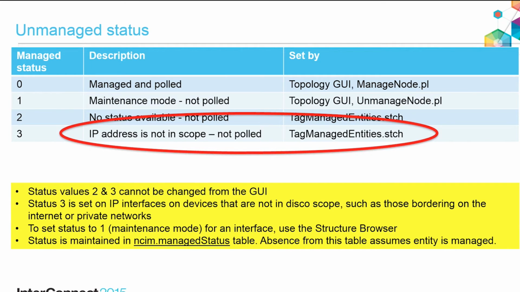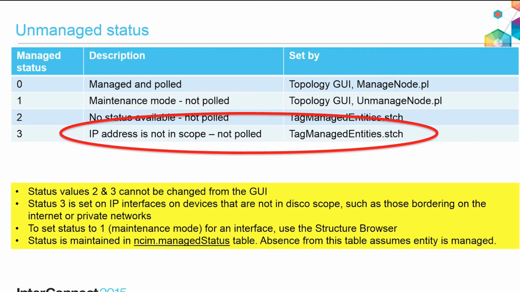So back to the unmanaged status. I don't know how much you know of the unmanaged status individually, but there are several levels. 0 is obviously the managed, and so it will get polled. And maintenance mode, what we call maintenance mode, is when you set it or unset it from the GUI. You can also set it and unset it from those scripts, the managed node and the unmanaged node Perl scripts. Now there's two other levels.